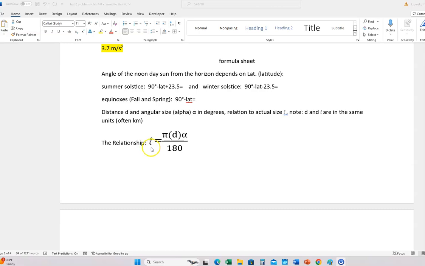What this equation is describing physically is the phenomenon of perspective. If something is relatively close to you, it looks bigger. An example I always use in the classroom is a chair. A chair is a certain size, and you could obviously measure that.